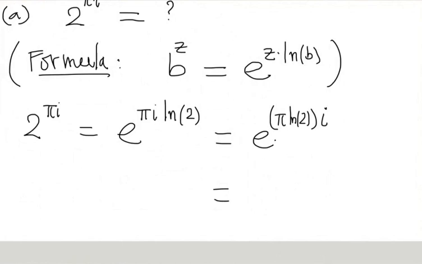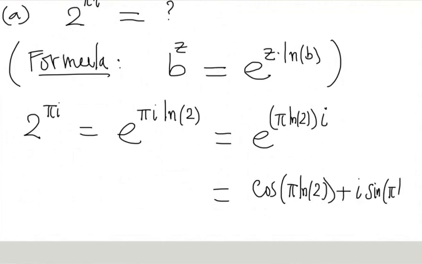Recall that whenever we have e to the bi, it's going to be cosine b plus i sine b. So it's going to be cosine of pi ln 2 plus i sine of pi ln 2. We will not care about the exact values or the approximate value from a calculator, so you may leave the final answer like this.